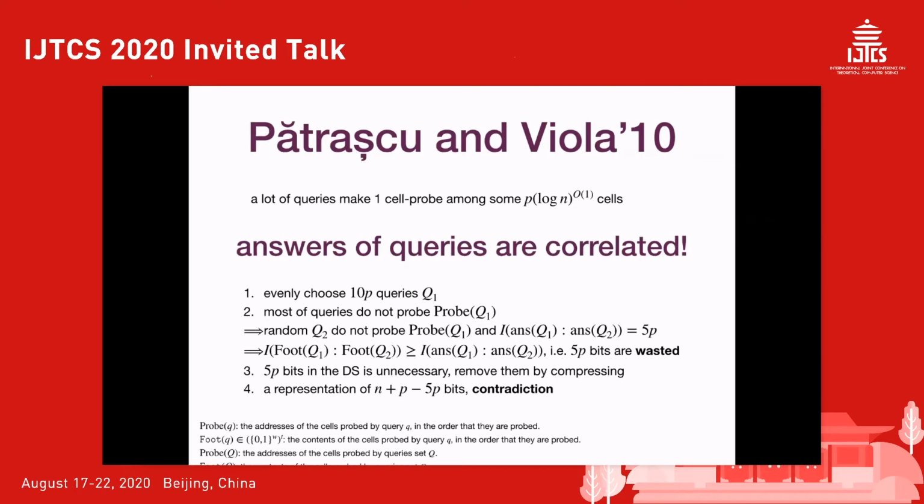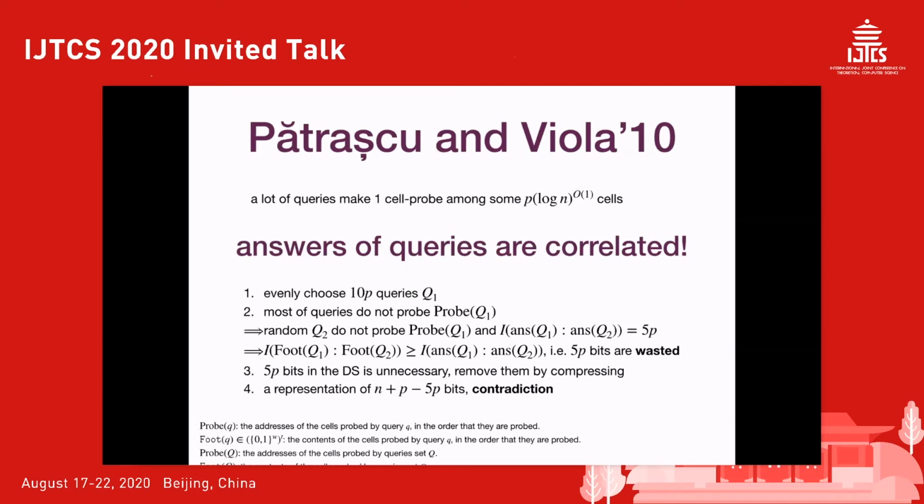The information is contained in the cells probed by Q1 and Q2 as well, since the CPU can recover the answers of Q1 and Q2 with the cells. However, Q2 doesn't probe the cells probed by Q1, which means the bits are wasted. So, we can remove 5p bits by compressing the data structure. In the end, we have a too-good-to-be-true representation of the database.